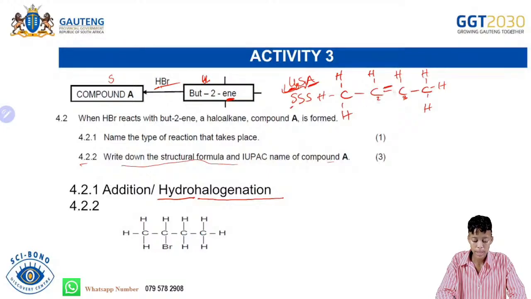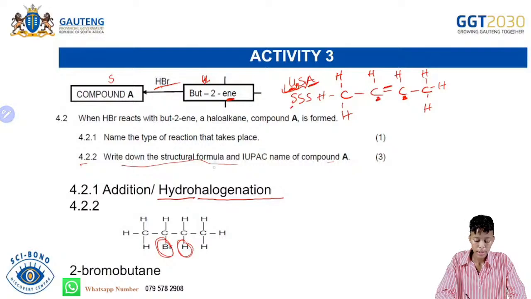So if you want to add the H and the Br between carbon number 2 and carbon number 3, you can add them at any position. You can add the Br on carbon number 2 and the hydrogen on carbon number 3, or you can add the Br on carbon number 3 from the right hand side and the H on carbon number 2 from the left hand side.